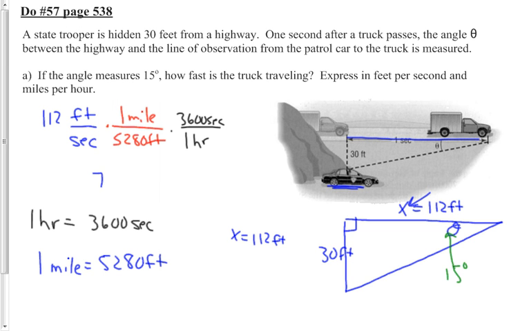The feet are gone, the seconds are gone, and we're left with miles per hour. So this conversion told us to multiply by the 3,600 and divide by 5,280 feet. The guy was speeding. He's going 76 miles per hour.